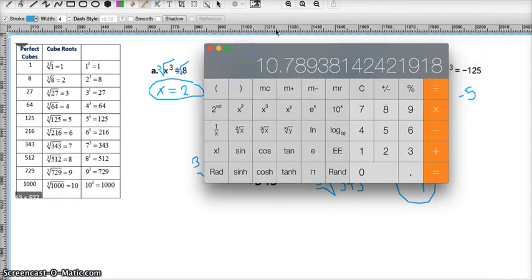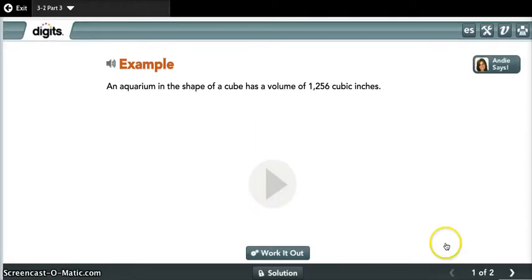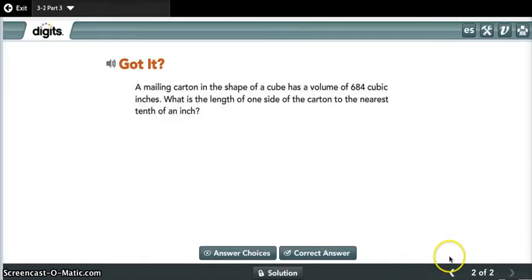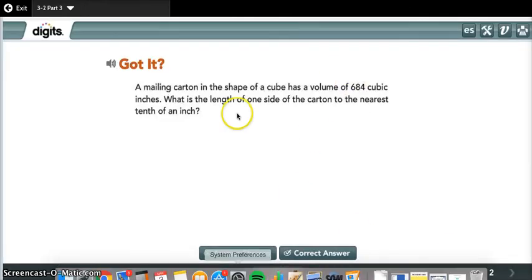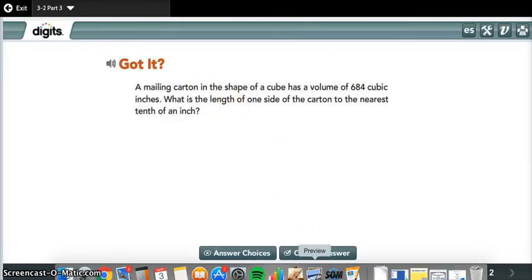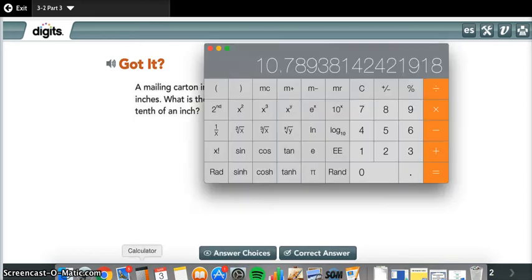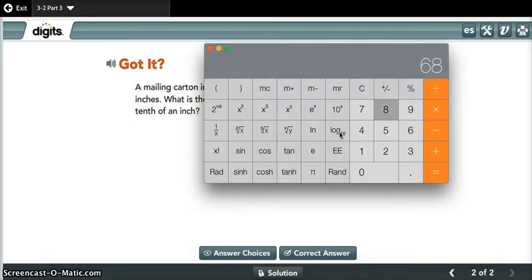So you have 2 options when you get homework questions like this. If it's not a perfect cube, go ahead and just use a calculator for now. That's what I want you to do. So 684, for example, is not a perfect cube. So go ahead and just type in 684 and take the cubed root.